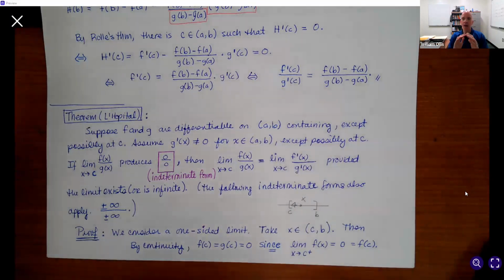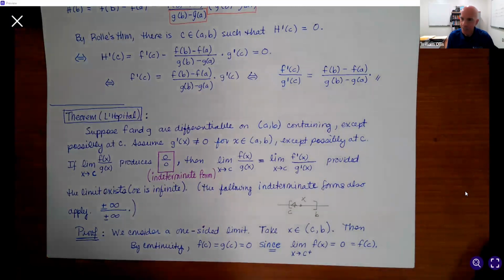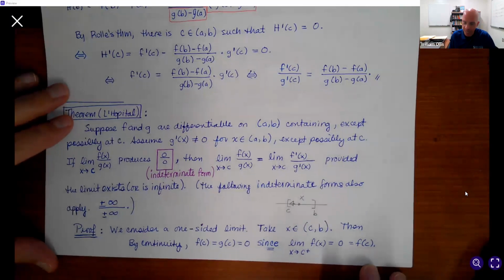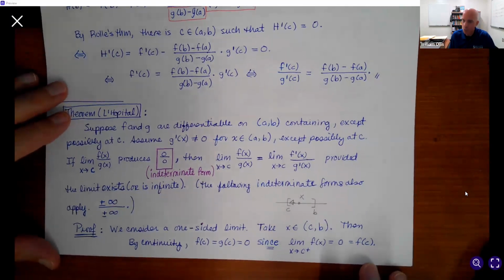If not, maybe you have the hypothesis satisfied again. Then you apply the rule again. So you keep working until either you have a limit or maybe you get infinity. Who knows? The process is finite, but you can apply it as long as the hypotheses are satisfied. So as students tend to say about L'Hopital's rule, it is very, very user-friendly.